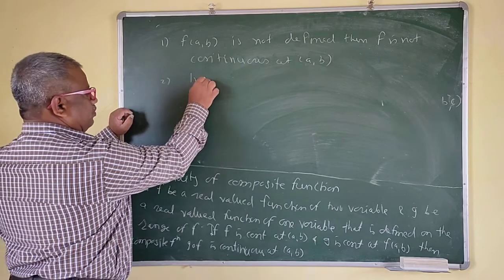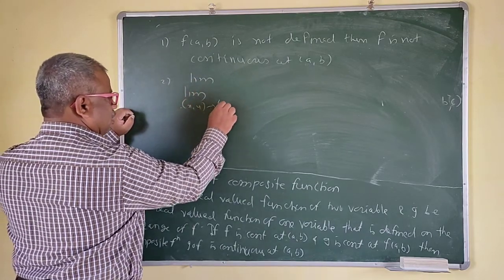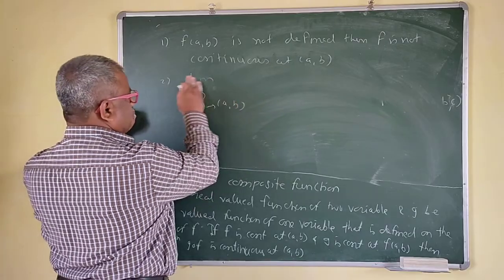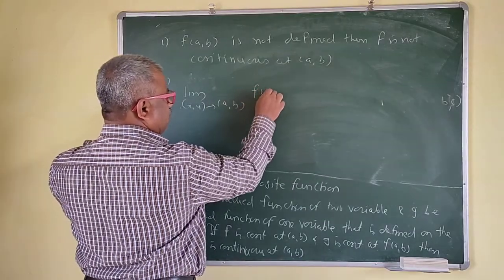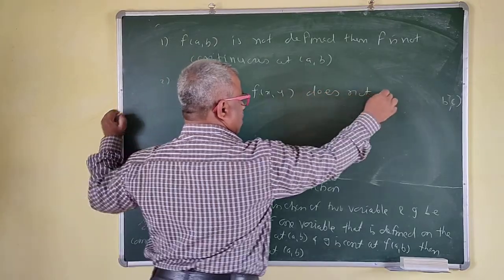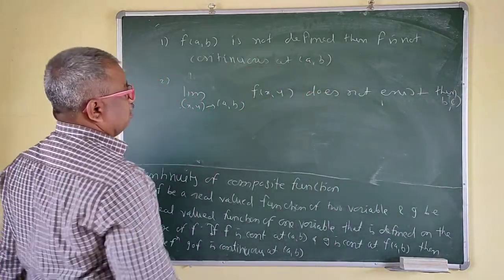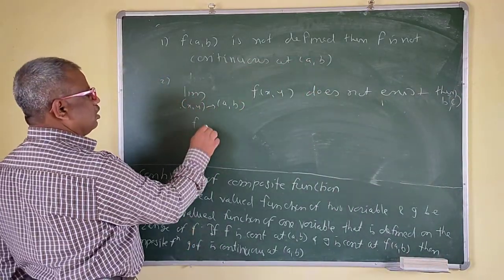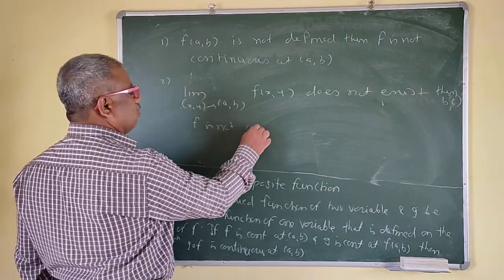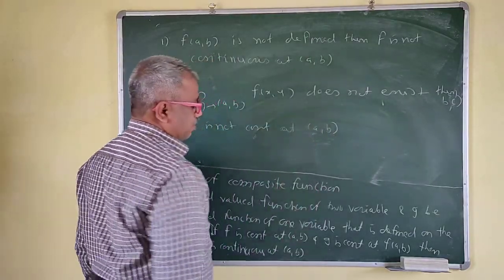Second, if the limit as (x, y) tends to (a, b) of f(x, y) does not exist, then f is not continuous at (a, b).